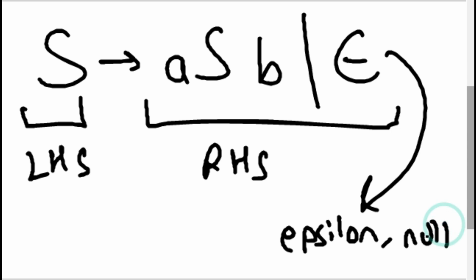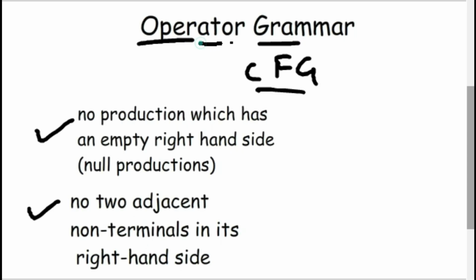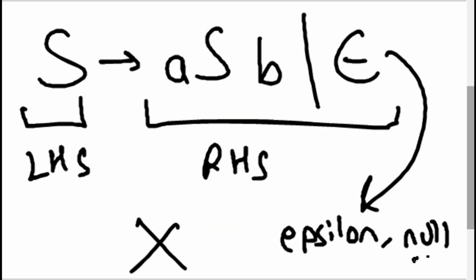So therefore, there is a null production in this grammar. And since there is a null production in this grammar, it is not an operator grammar. Because to have an operator grammar, there should be no production which has an empty right hand side or null production. If there is a production whose right hand side is empty, it is a null production, therefore it is not an operator grammar.